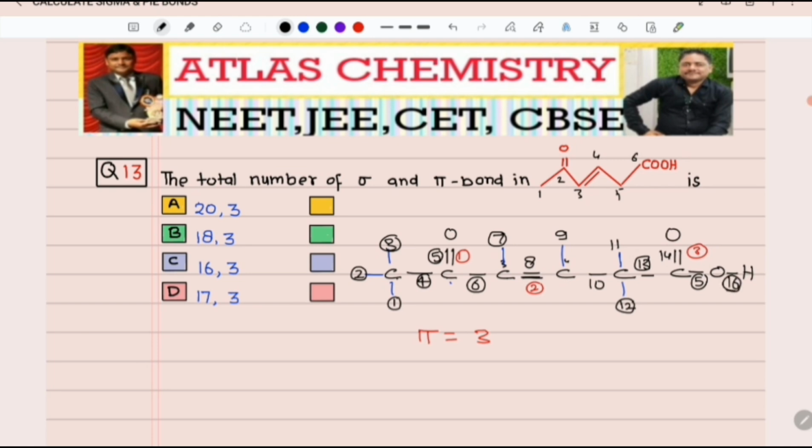So there are 16 sigma bonds. So only in one option, 16 sigma and 3 pi bonds, is there. So our correct option is option C.